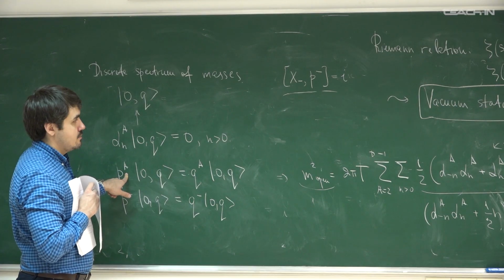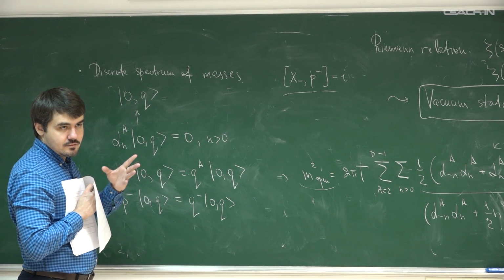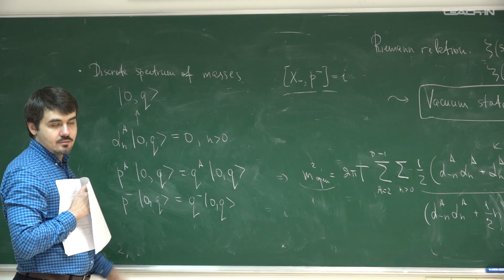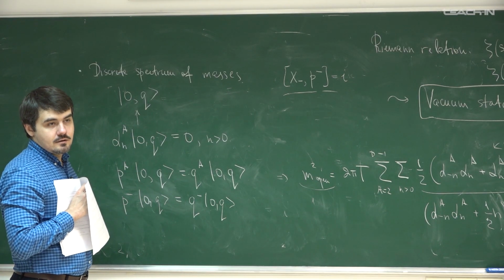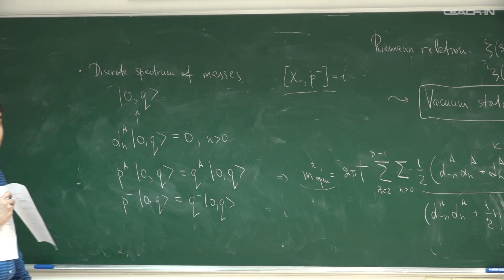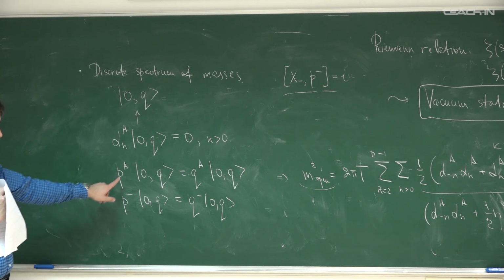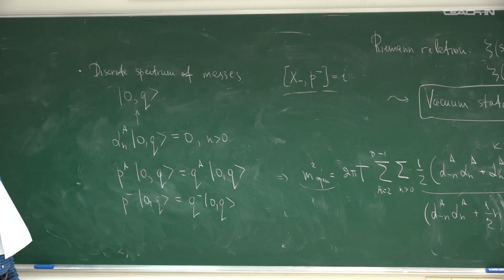Right? Momentum commutes with the oscillators, so we have a tensor product of Hilbert spaces. So your momentum is d minus 2 momentum, and this guy, so d minus 1 kind of momentum.